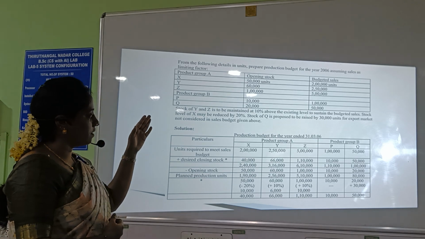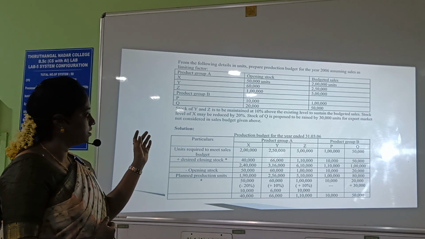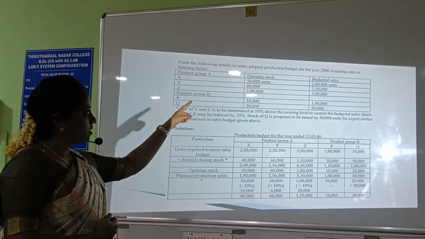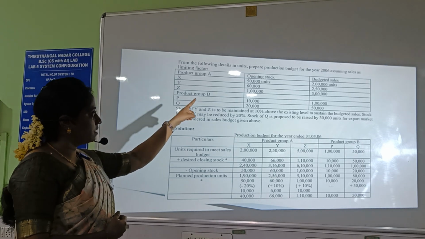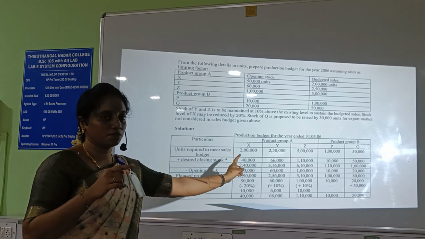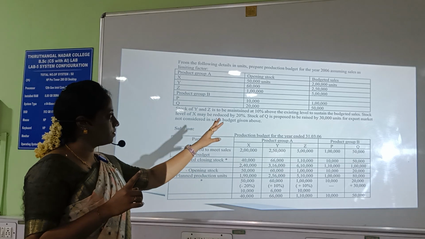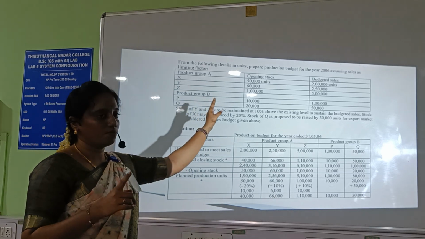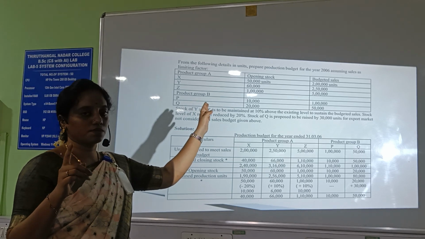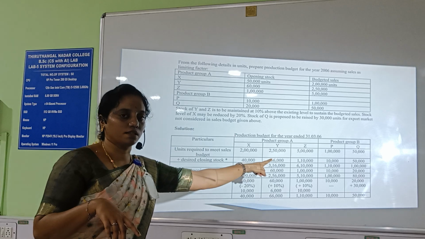Under this we have to calculate the amount. For Y it is 60,000; 10% means 6,000. So 60,000 plus 6,000 gives 66,000. And for Z it is 1 lakh; 10% is 10,000. 1 lakh plus 10,000 is 1 lakh 10,000. So here it is given 66,000 and 1 lakh 10,000.